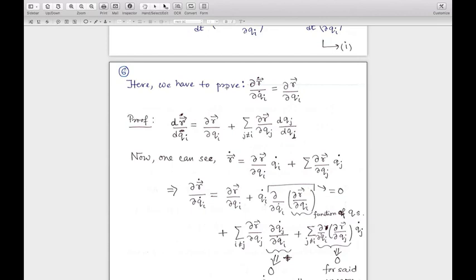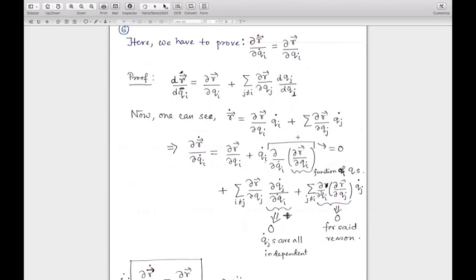Now if you have a look at this, dr vector by dqi, we can exactly expand it by the chain rule of partial differentiation as del r by del qi plus the summation over j, where j is not equal to i, of del r by del qj times dqj by dqi. This is simply writing the total differentiation as a sum of several partial differentiations.